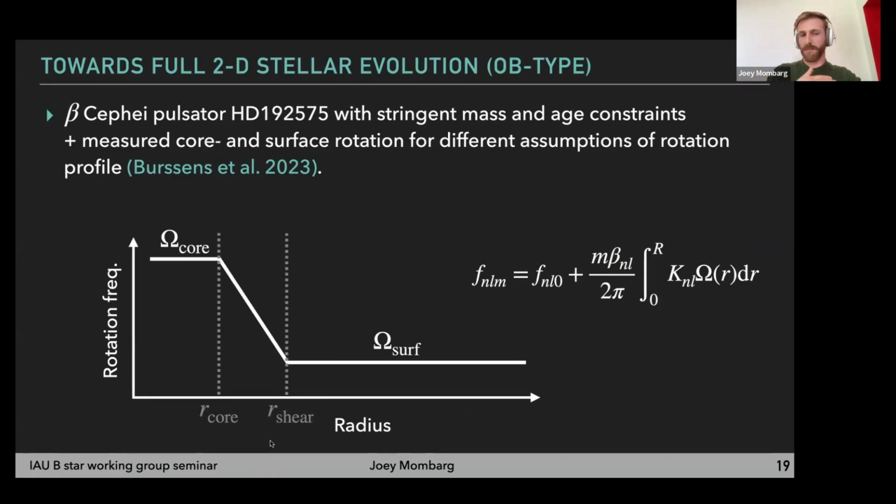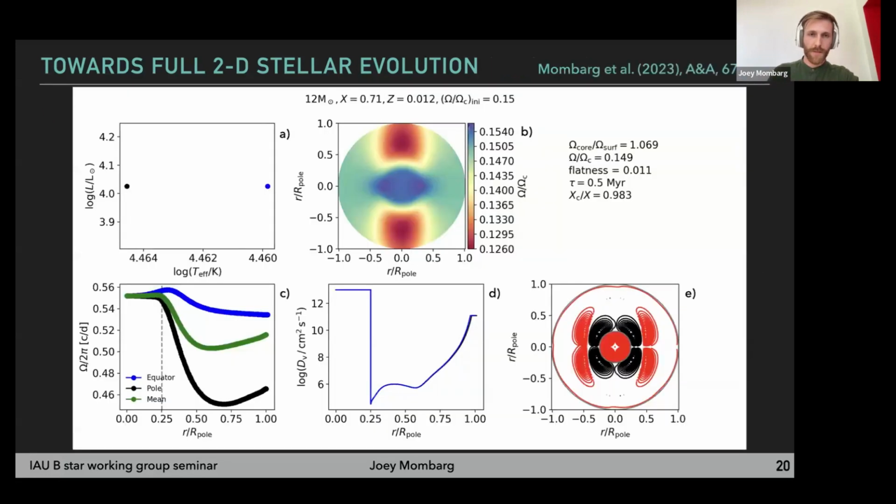You can place that, for example, at the edge where you still have a lot of mixing just outside the core, or where you have a zone with a gradient in the chemical or mean molecular weight, or put it at the edge of the envelope. So these were three options that were tested for this star.